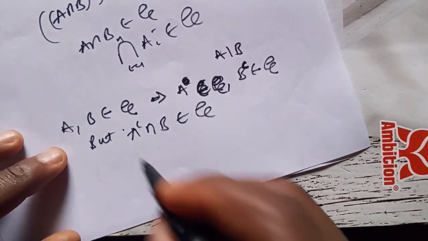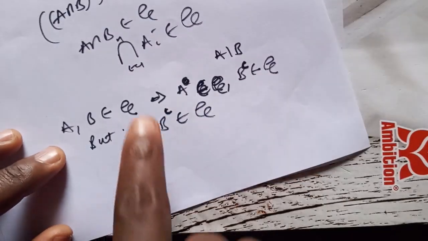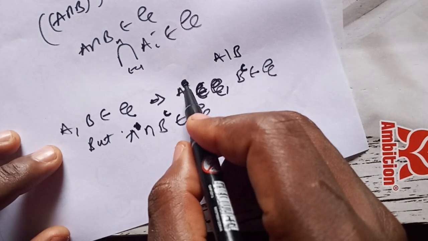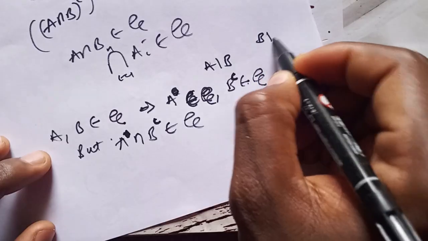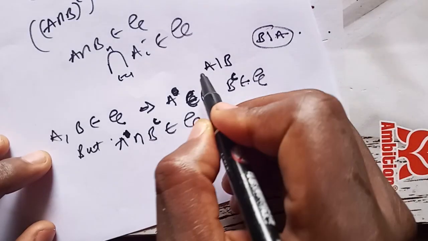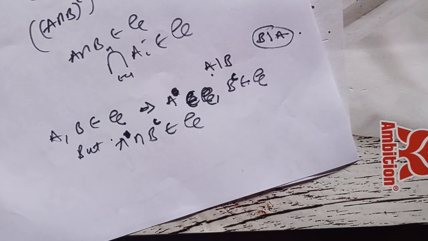So this is going to be A intersect B complement. You can also use the other method. If I left this to become A complement and only B, then I will arrive at B difference A, which is also in the algebra, but I want to arrive at this from my proposition, so forgive me.